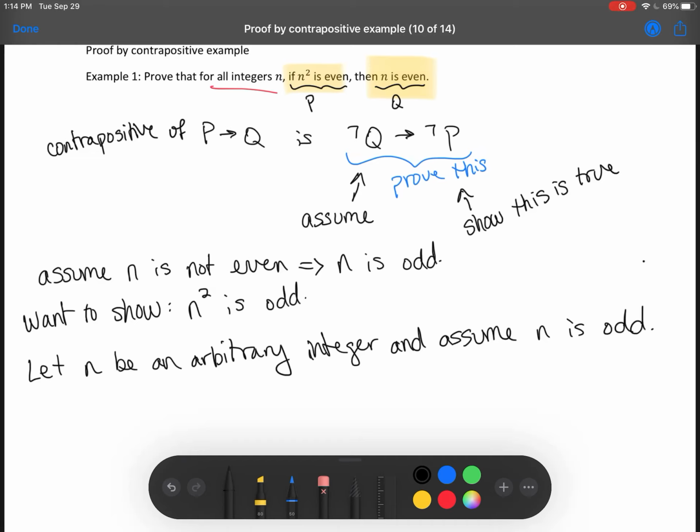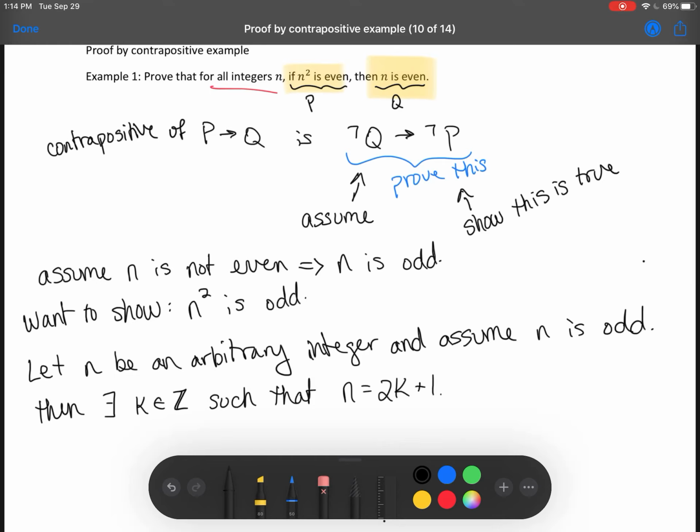What does it mean that we have an odd number? Then we know there exists an integer k such that, remember, an odd number is equal to 2 times an integer plus 1, so n equals 2k plus 1. That's basically what we can say just off of our assumption.